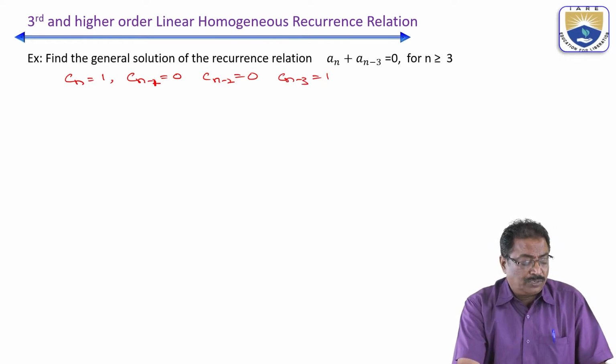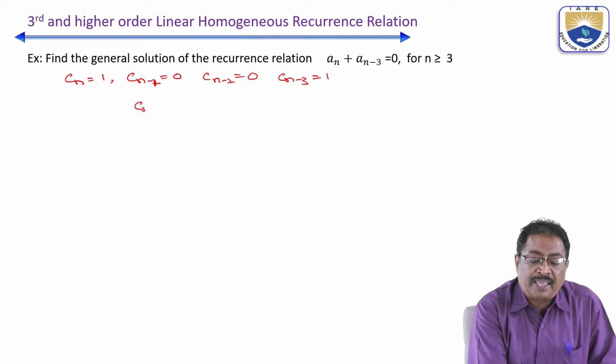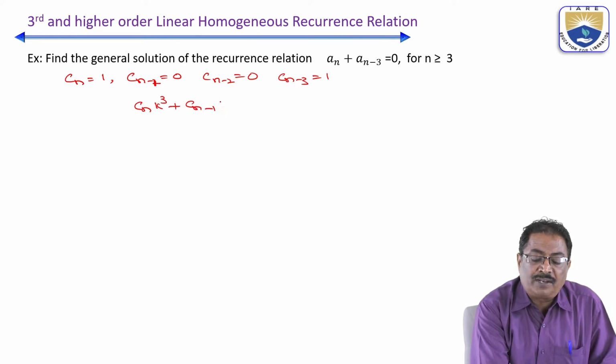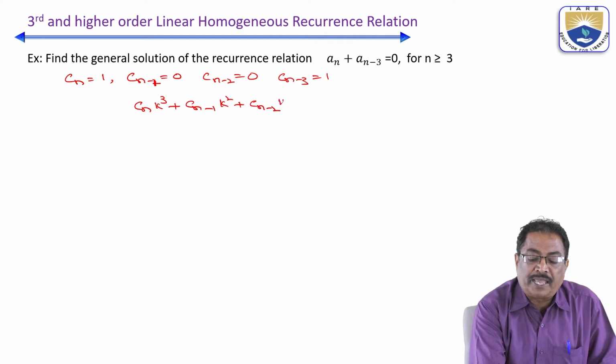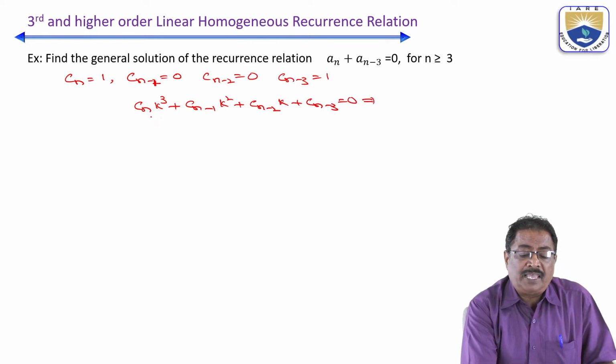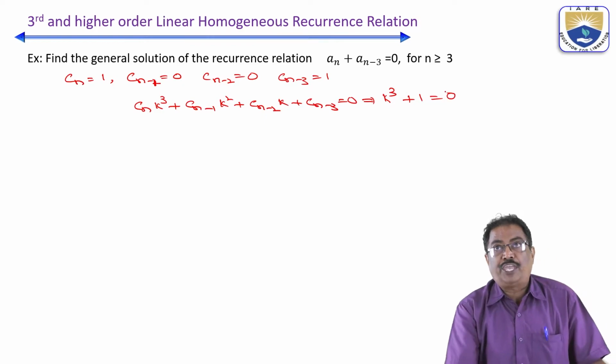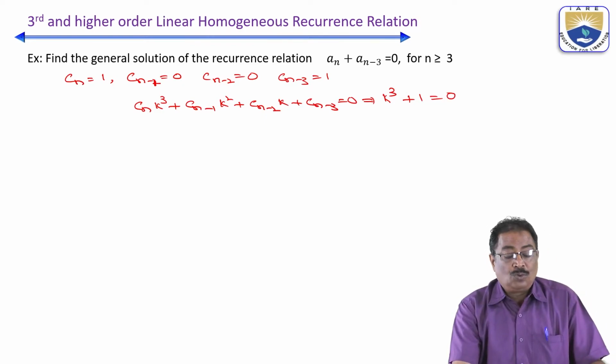So we get cn k cubed plus cn minus 1 k square plus cn minus 2 k plus cn minus 3 equal to 0, which is k cubed plus 0 plus 1, so k cubed plus 1 is equal to 0.